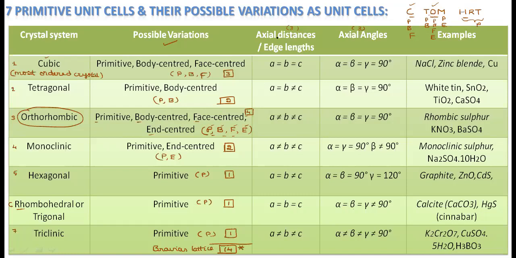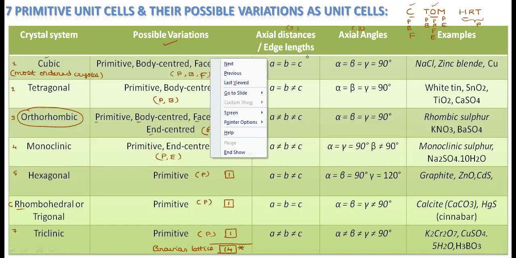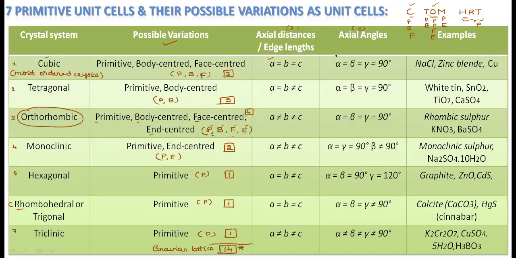Now, we'll consider axial distances. How do we remember axial distances or edge lengths for the 7 crystal systems? First, start with the most ordered crystal system, where all the edge lengths are equal and all the axial angles are mutually perpendicular. Remember that the most ordered crystal system is cubic, and the most disordered is triclinic.